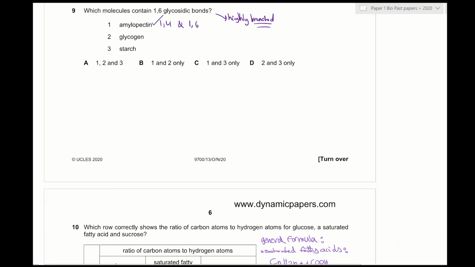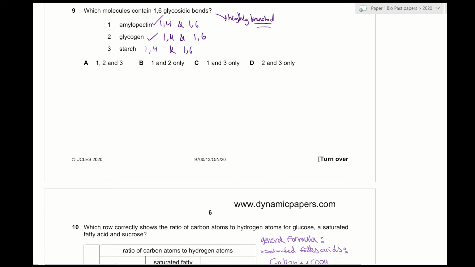So this is correct, and amylopectin joined with amylose forms starch. 2. Glycogen. Glycogen is also made of 1 to 4 and 1 to 6 glycosidic bonds. 3. Starch is also made of 1 to 4 and 1 to 6 glycosidic bonds.